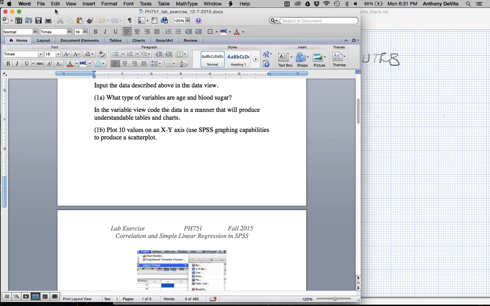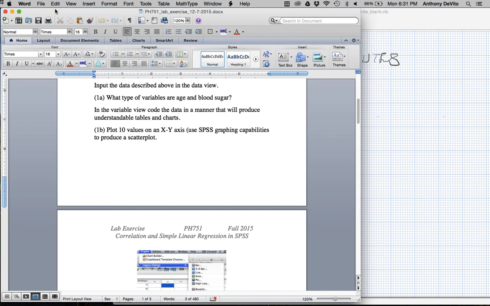So our variable is ethnicity, and our other variable is whether or not a person has diabetes. Within ethnicity, we have five different possible values, let's say. Within diabetes, we have two values: they have it or they don't. So we could also have situations where they're both binomial variables.